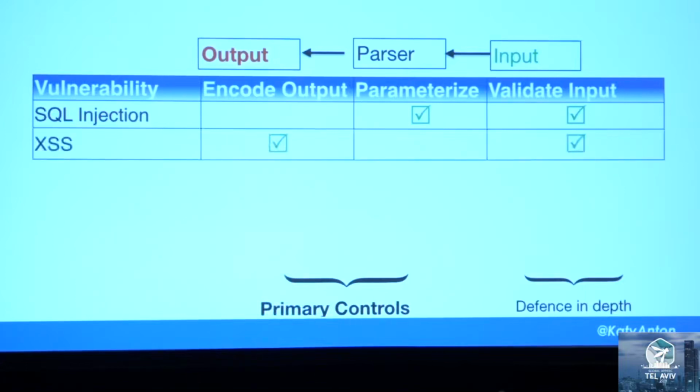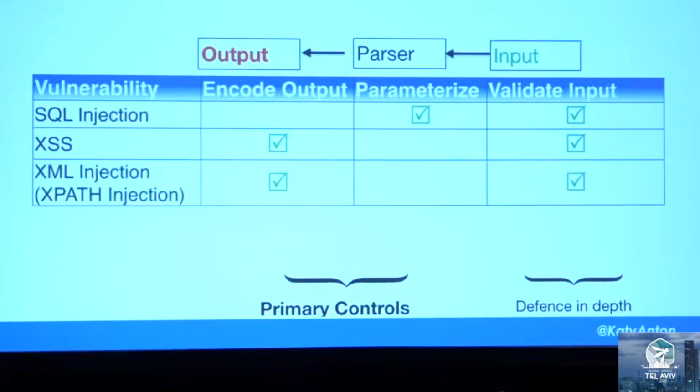In the case of cross-site scripting, the primary control is to contextually encode the data before creating the HTML document that is sent to the HTML parser. This is the primary control. But as defense in depth, we still have to validate the input.